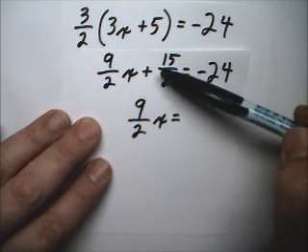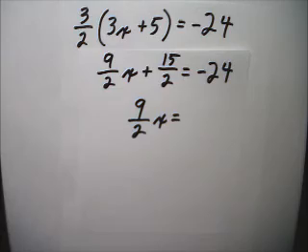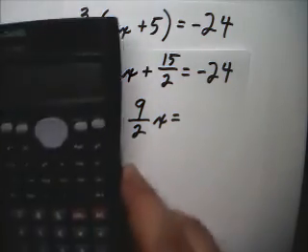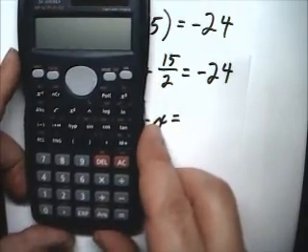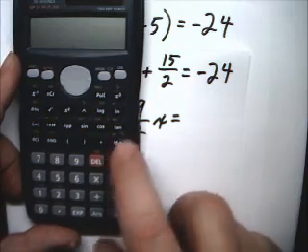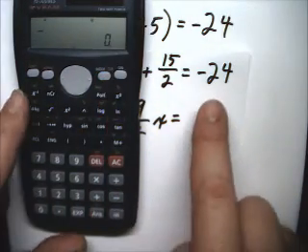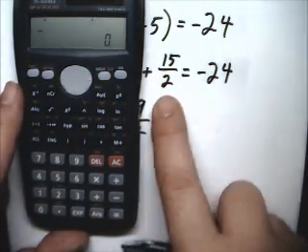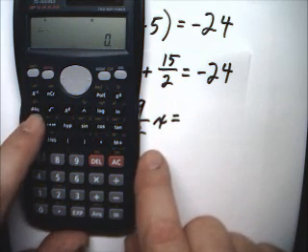And now we're going to subtract 15/2 to both sides. And if you're wondering how to do that, this is how I would do that. It's going to be -24, take away 15/2.